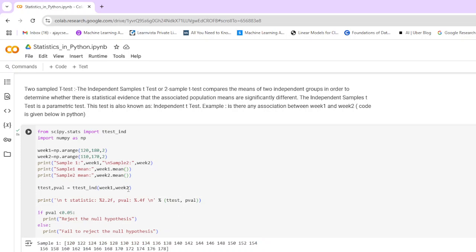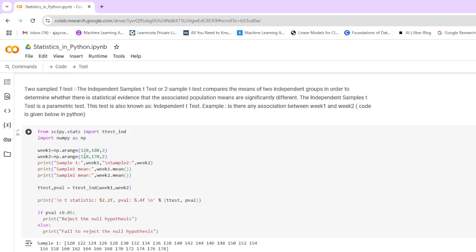So here I pass week 1 and week 2 and I am checking whether the associated population means of the two distributions are statistically different or not. Considering that they are the same is the null hypothesis. Here these are not similar, so we reject the null hypothesis in this case.